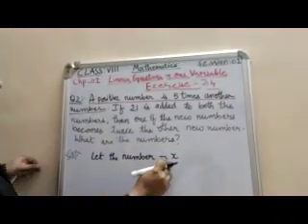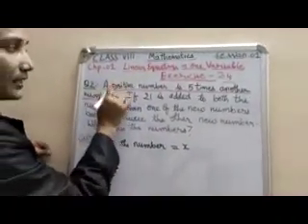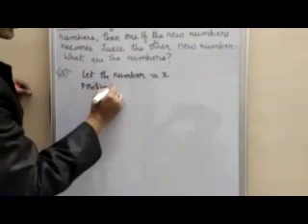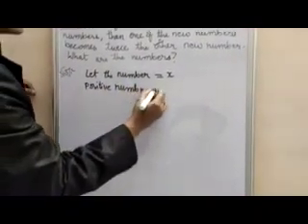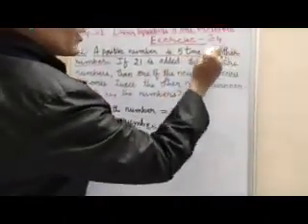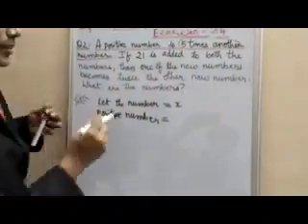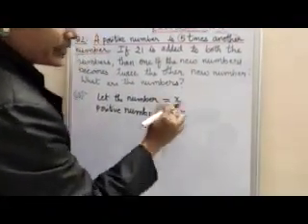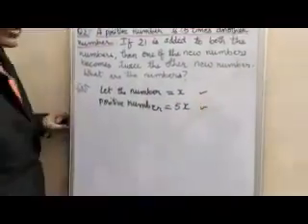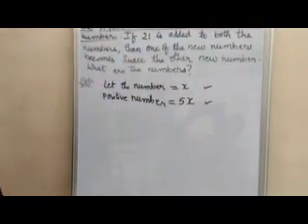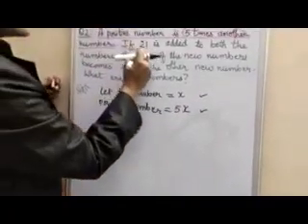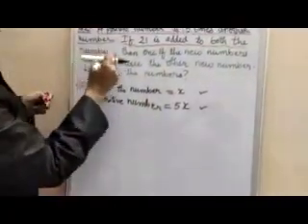Now the other number, which is the positive number, is equal to 5 times the another number. 5 times means 5 into x. So these are the two numbers. One of the numbers is x. The other number is 5 times the previous number.